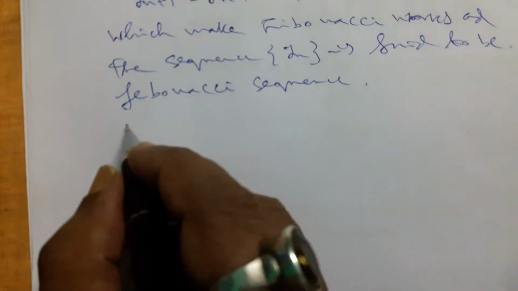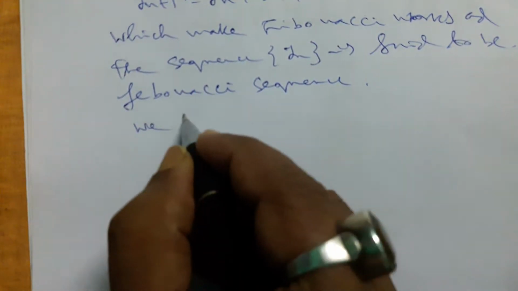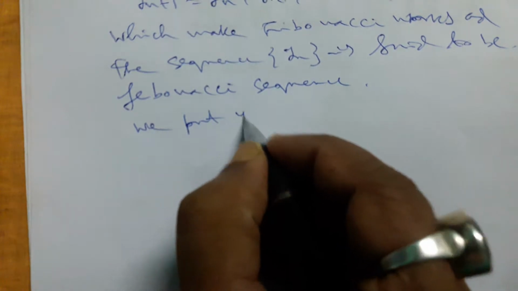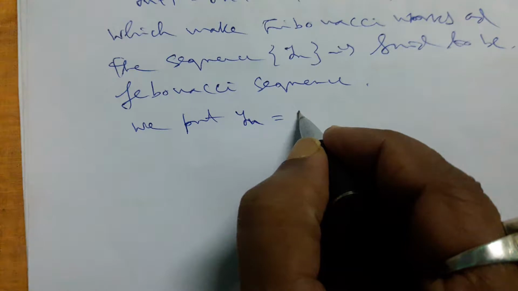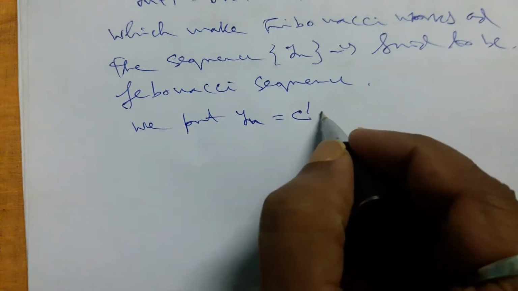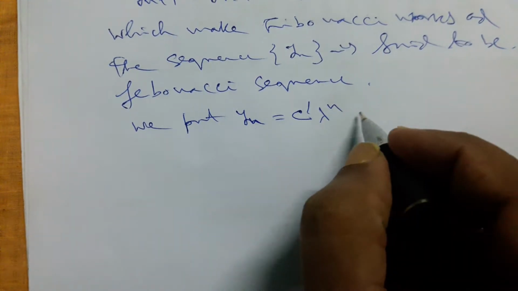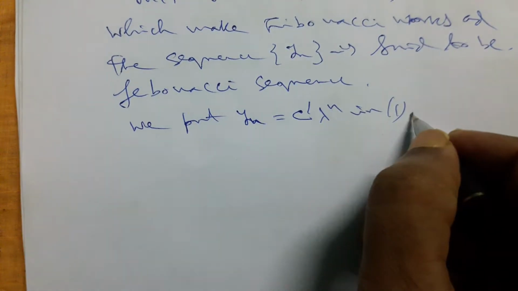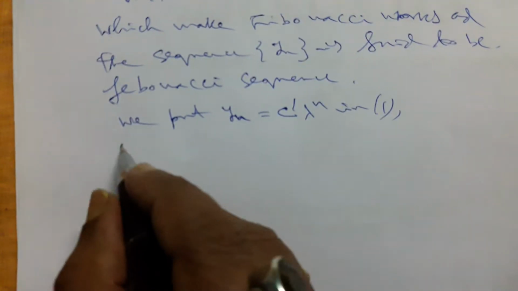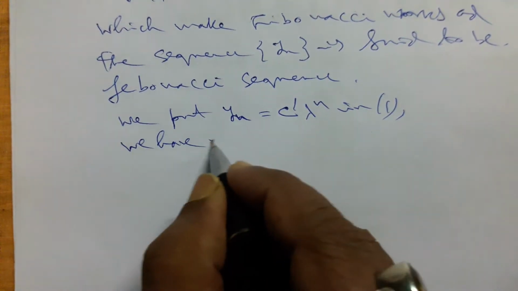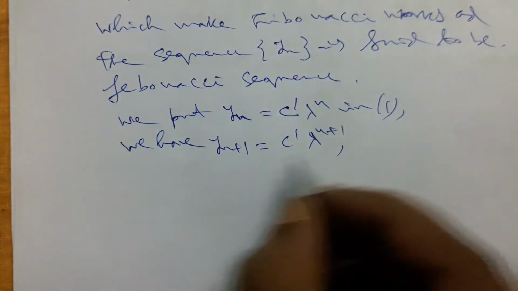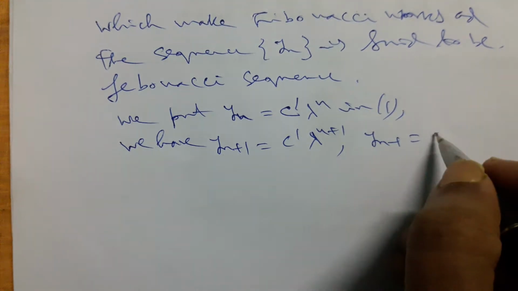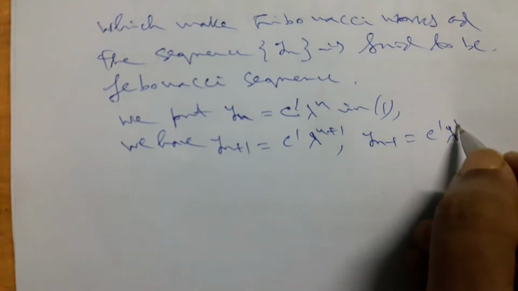Now let us put y(n) equals c' lambda^n. In equation 1 we have y(n+1), that is c' lambda^(n+1), and y(n-1), that is c' lambda^(n-1).